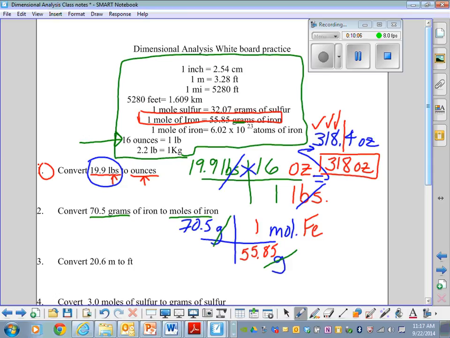Up here, it tells me that there are 55.85 grams in 1 mole of iron. Okay? And matching the number in the unit, all right? Then the next step, what operation would I perform? I would multiply across, right? And then divide. So go ahead and do that, and I'm going to ask Perry, would you tell us the answer you get?